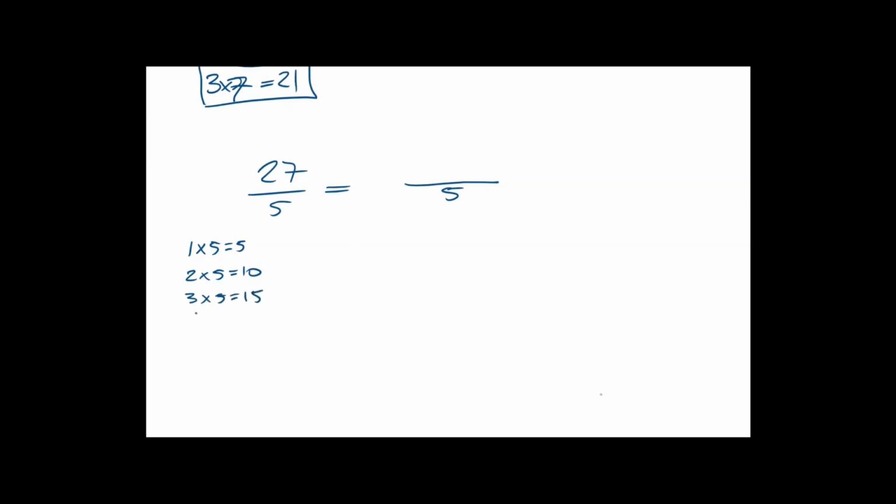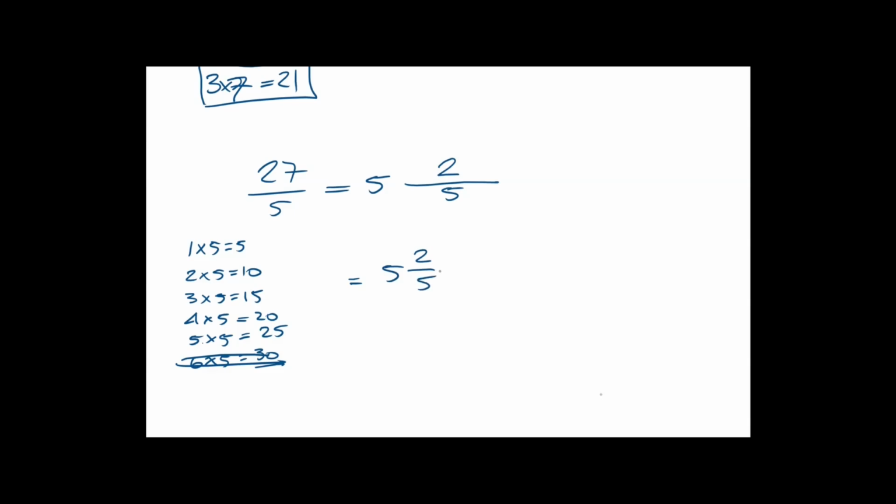We're still not there. 4 times 5 is 20. 5 times 5, getting pretty close now, is 25. And 6 times 5 is 30, which is too much. This number here is greater than the 27, so that gets eliminated. So 5 comes out the top here, and 5 times 5 is 25. 27 minus 25 is 2. So our final answer is 5 and 2/5.